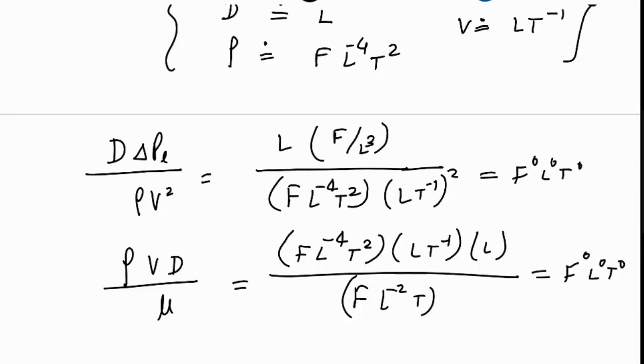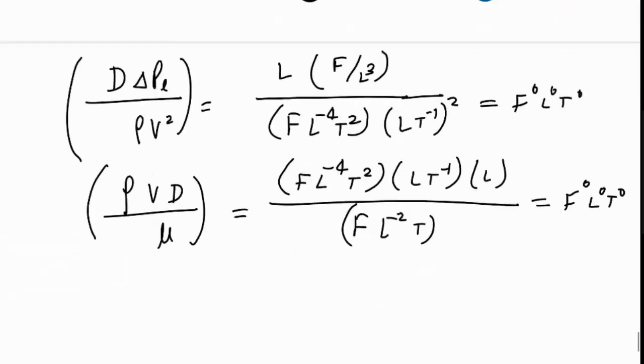You will find these two have no dimension. So one dimensionless group and another dimensionless group are dimensionless. So this means any result that you will have will be independent of the system of units we use.